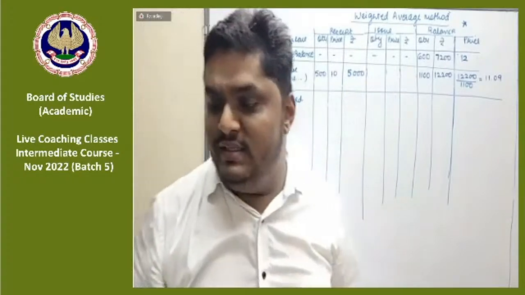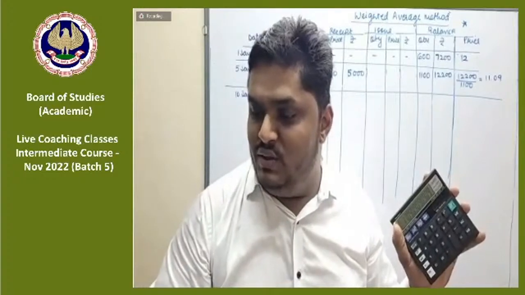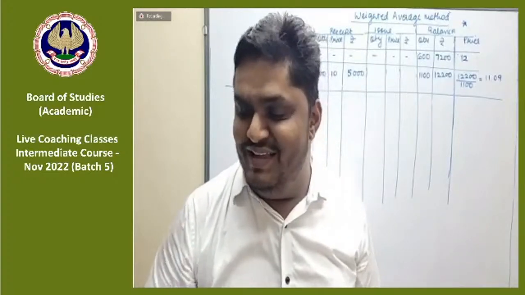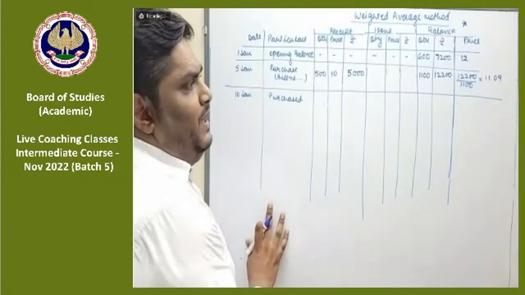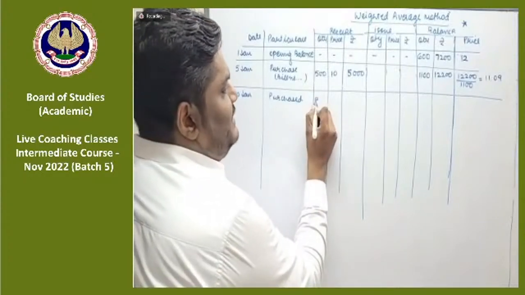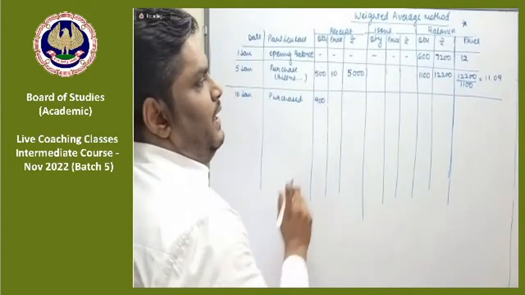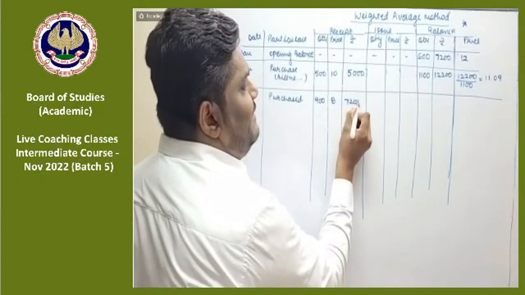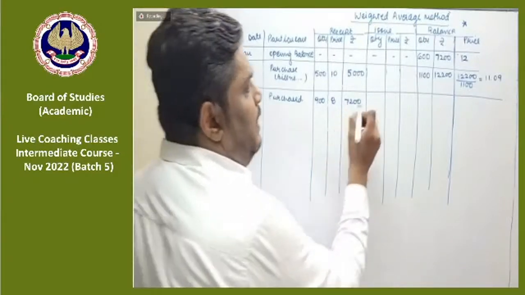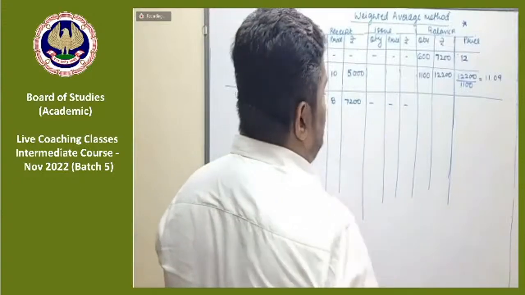It should show in the receipt column. Sorry guys. So again, I purchased some raw material. Let's say I purchased 900 pieces at the rate rupees 8. So the total amount will be 7,200. Again, no amount in the issue column.